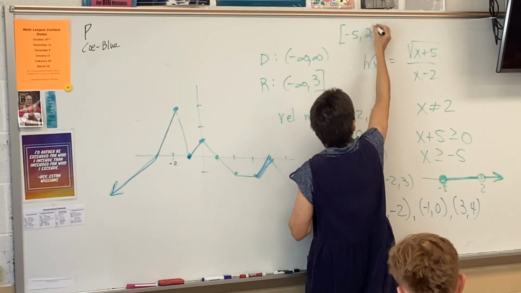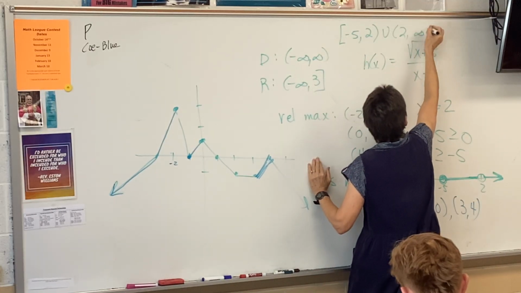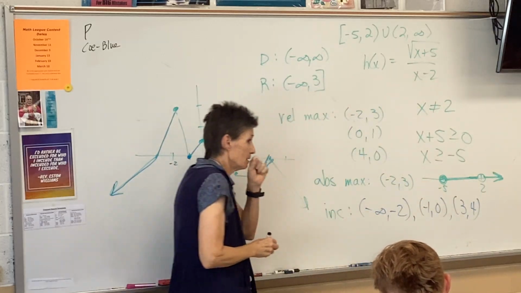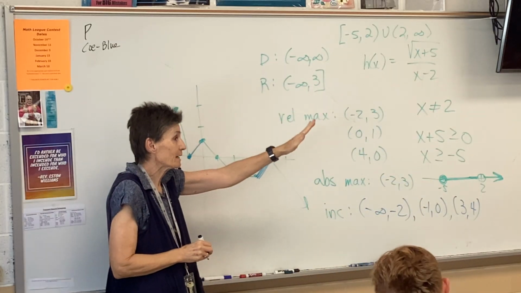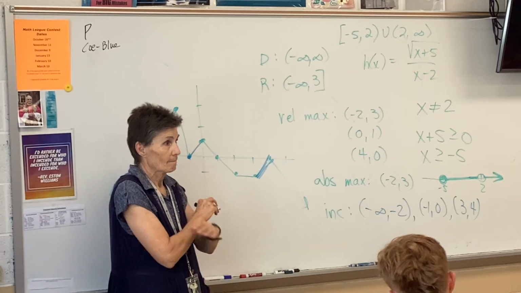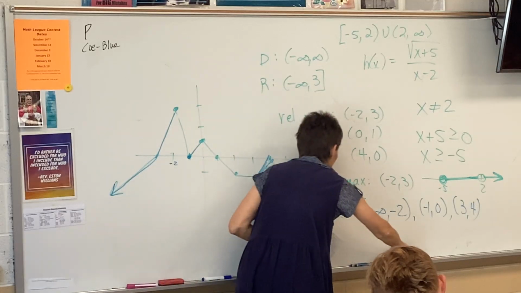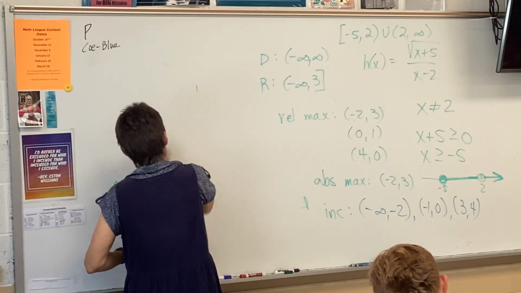Negative 5 to 2, and then 2 to infinity. So everything from negative 5 on except skip 2. All right, we okay with that?